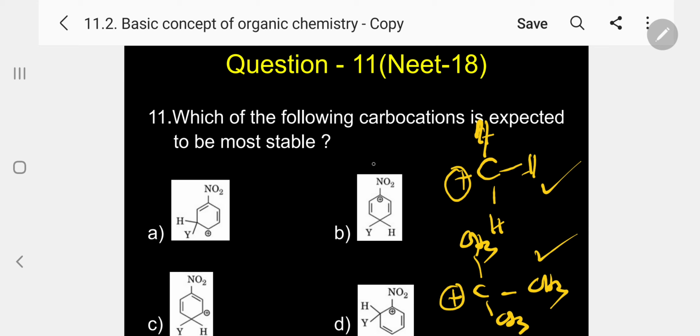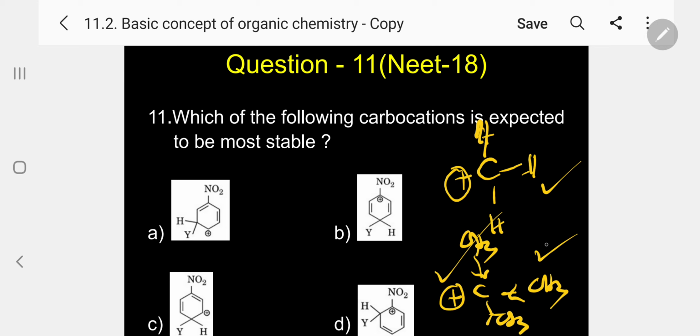Generally, please note my dear students, an electron releasing group will increase the stability of the carbonium ion. Why? When they are pushing electrons towards the central carbon atom, the positive charge is getting neutralized, so it is highly stable. Suppose an electron attracting group is present.